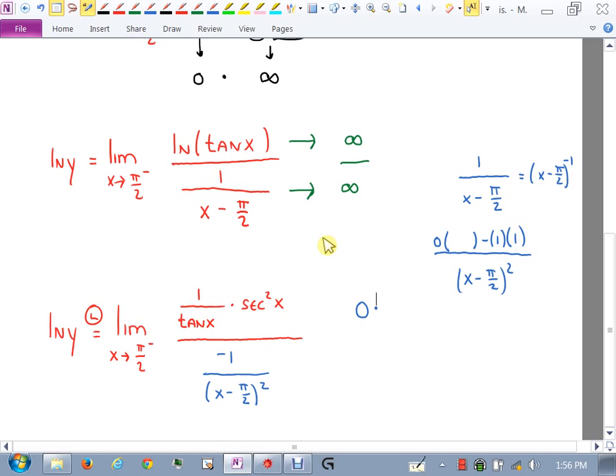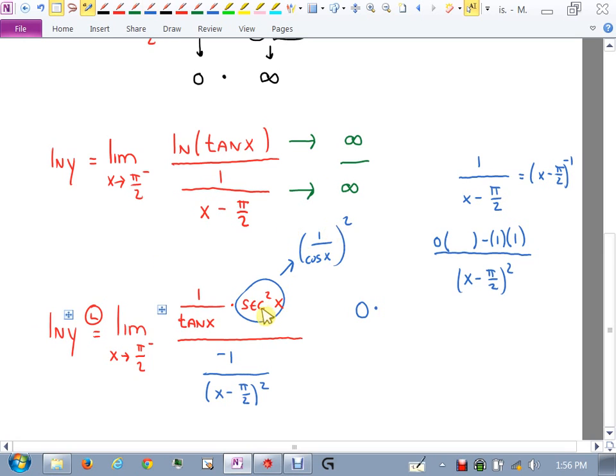Times, now hold on, what's secant of pi over 2? No, because this is headed towards 0. It's not 0 itself. So we do need to pay attention to this. Secant of pi over 2 is 1 over cosine of pi over 2. This is 1 over cosine of x, squared.